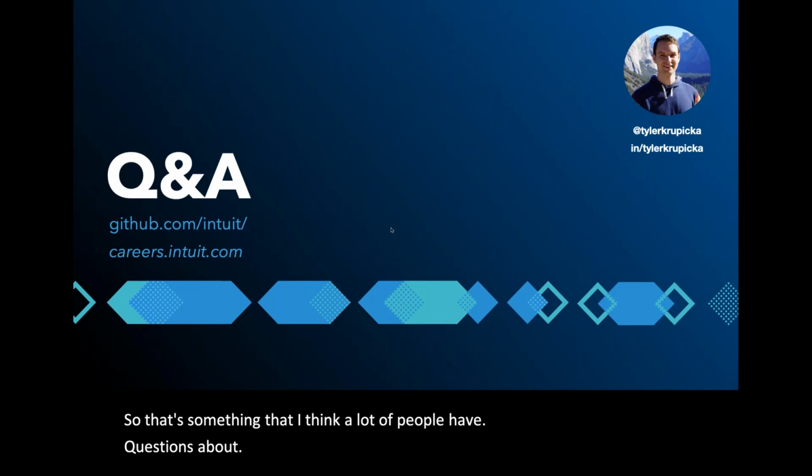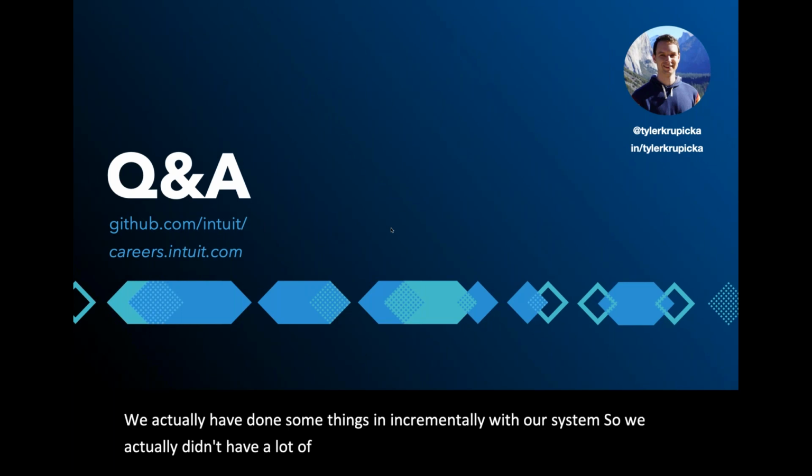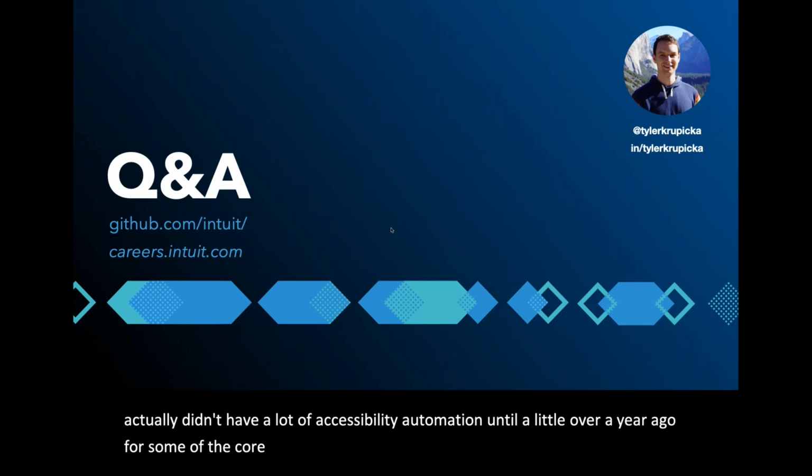We actually have done some things incrementally with our system. We didn't have a lot of accessibility automation until a little over a year ago for some of the core experiences. We were doing manual testing, but not necessarily using automated tools like Axe.